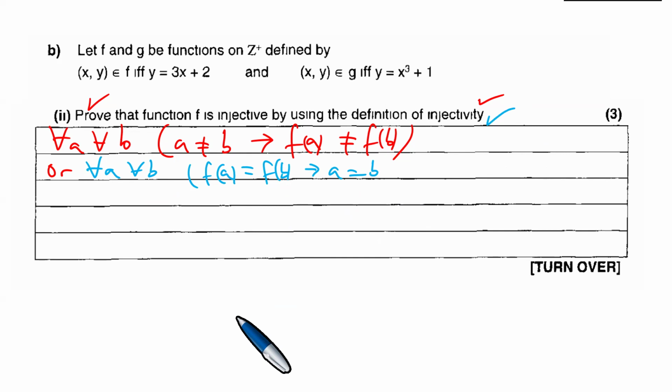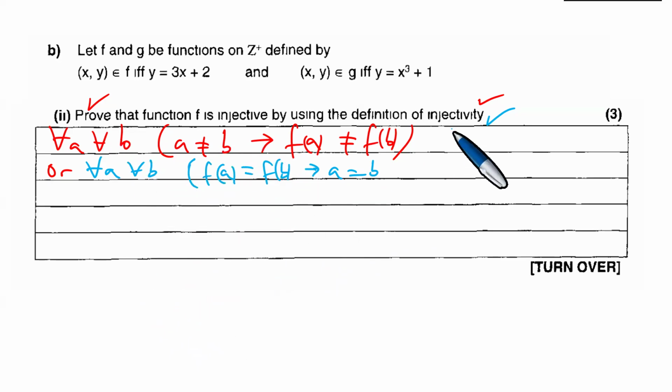A not equal to B means f of A is not equal to f of B. For all A, for all B, f of A equal to f of B implies that A equals B. So we are saying these are the two cases of injectivity.